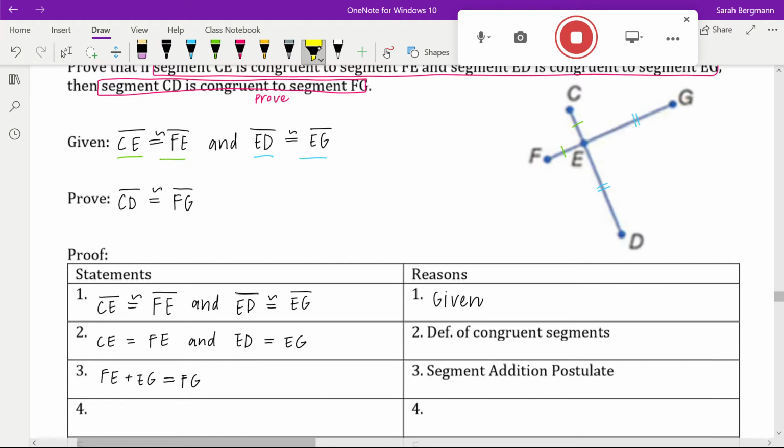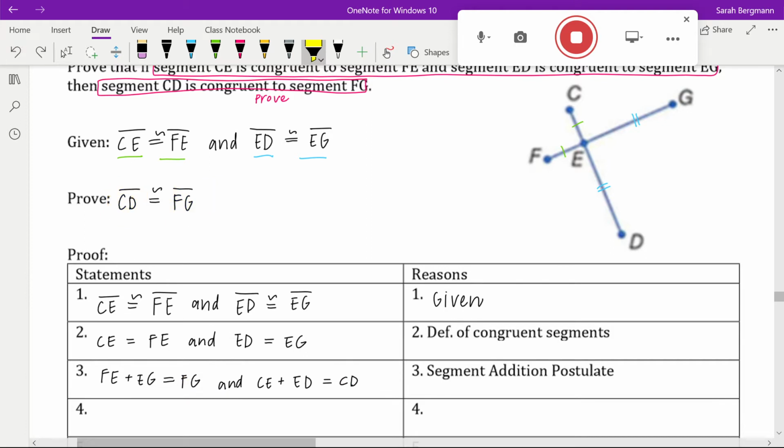And now I can use it for the other segment, CE plus ED must be equal to CD. The reason I knew that I should use it twice is because when I look at my given information, I need something that has to do with CD and something that has to do with FG. So I knew that I would need both of these equations, because one has CD, one has FG.